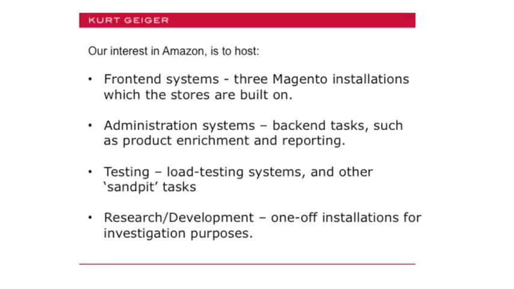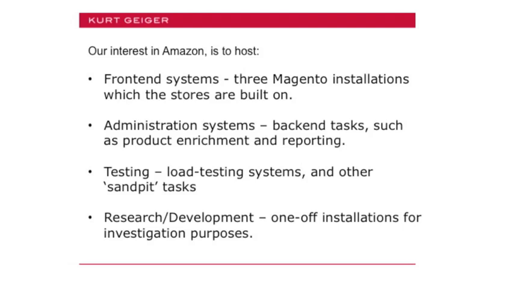Our main interest in Amazon is for the front-end systems, which are the Magento installations that Ryan mentioned earlier. We host these on straight EC2 instances within AWS. We also use it for administration systems. We've got various back-end tasks that need to scale on demand through the night. We use it for testing. AWS is very adaptable.